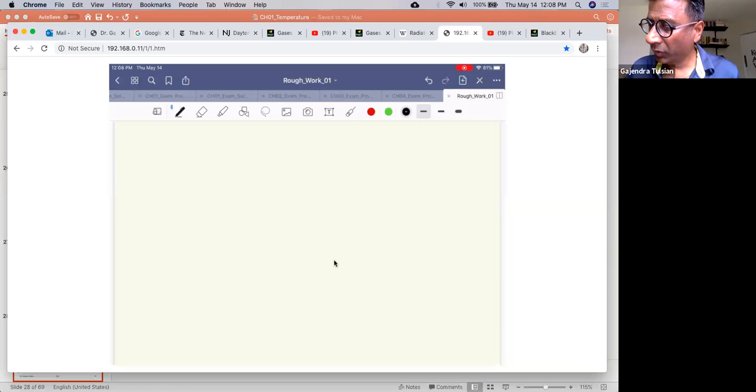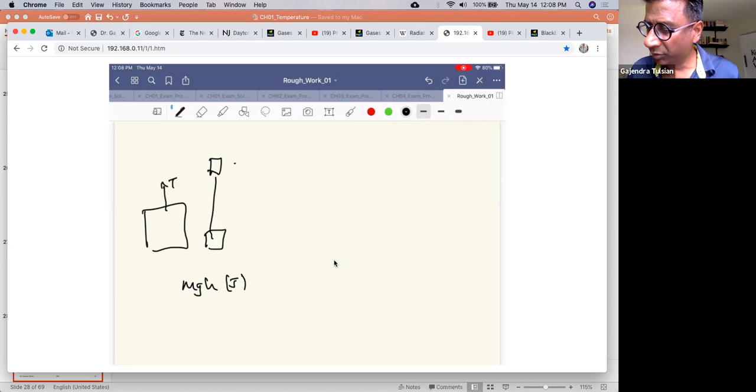Okay, so when the object drops a certain height, its energy can be calculated. Its loss in energy was mgh, which can be calculated in joules. And when the water temperature rises, its energy increase can be calculated in terms of calories. Okay, so this is in calories.